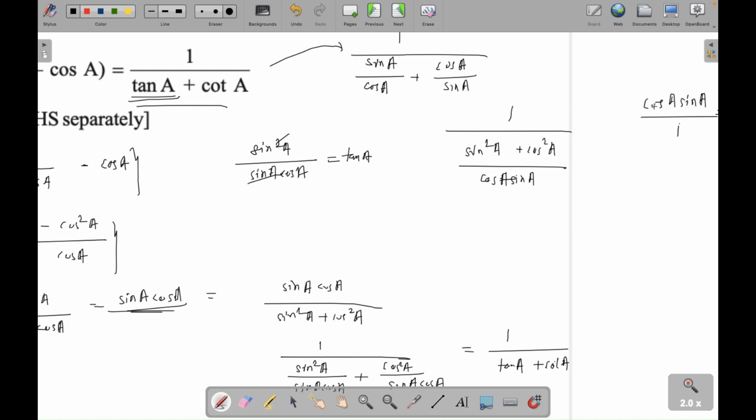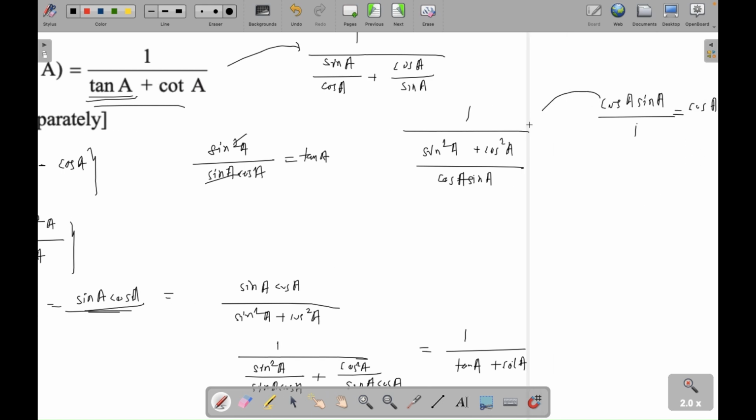So again, if you do the reverse calculation, you'll see that I just had sin A cos A. So what I did is I wrote sin A cos A upon 1. Then this 1 was equal to sin square A plus cos square A, so I'll write sin square A plus cos square A instead of 1.